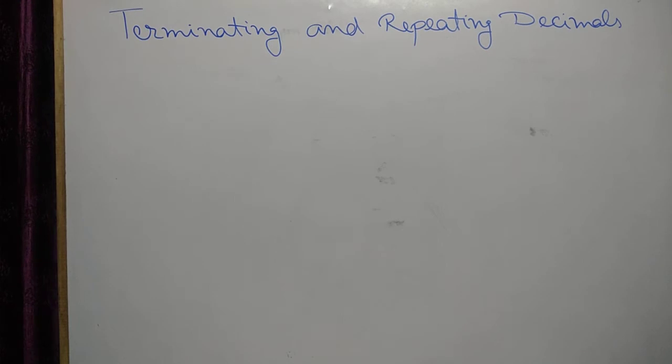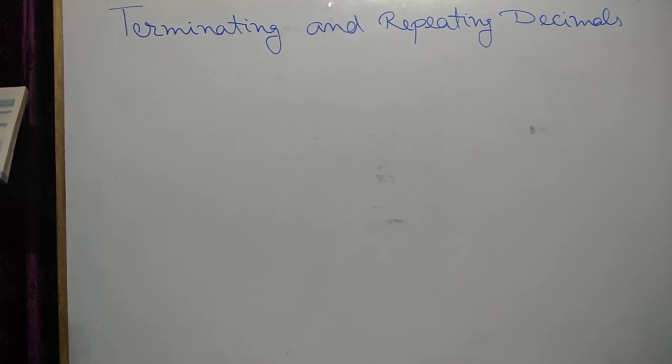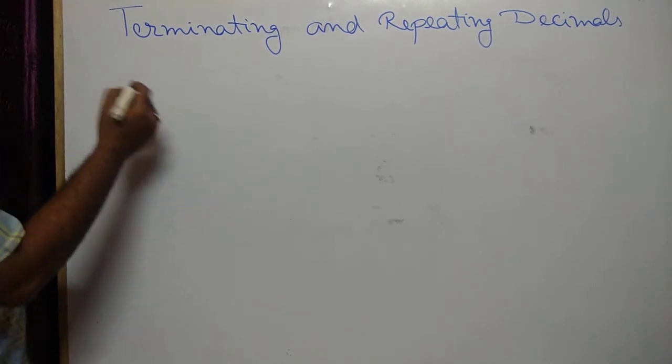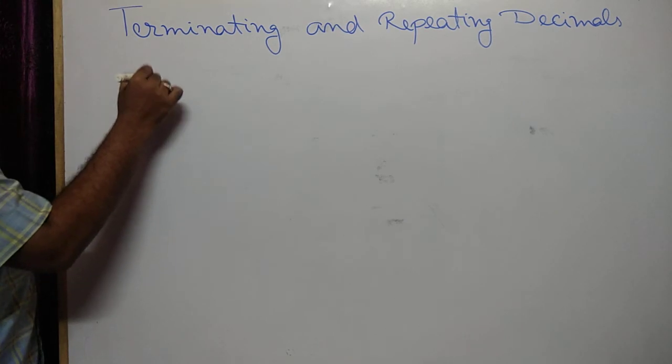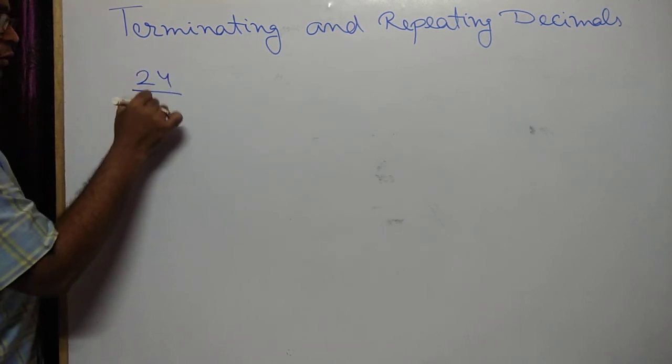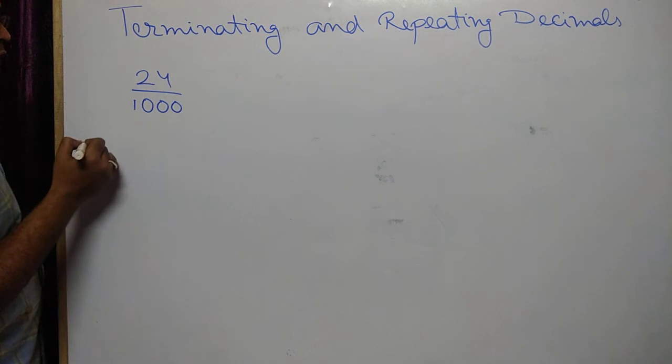The first question is from exercise 2E. Remember, we are discussing exercise 2E. The first question says: write each fraction or mixed number as a decimal. For example, see here 24 upon 1000. We are going to convert this into decimal form.